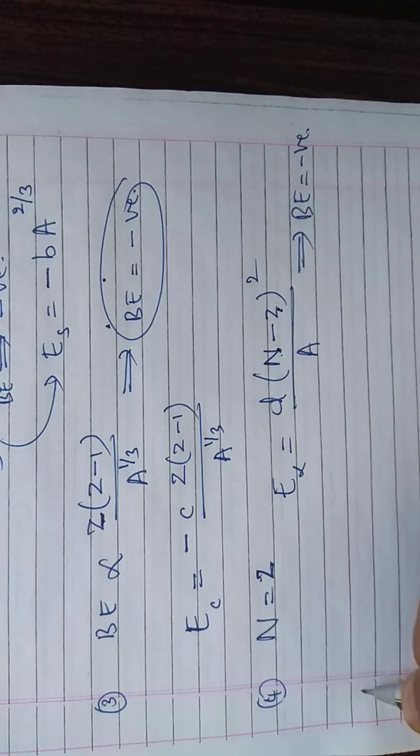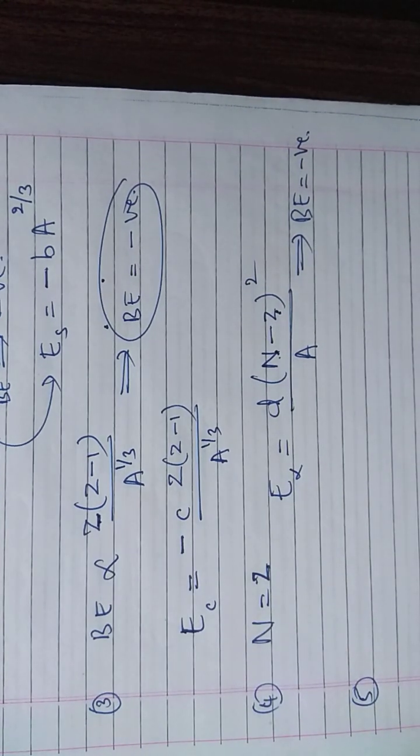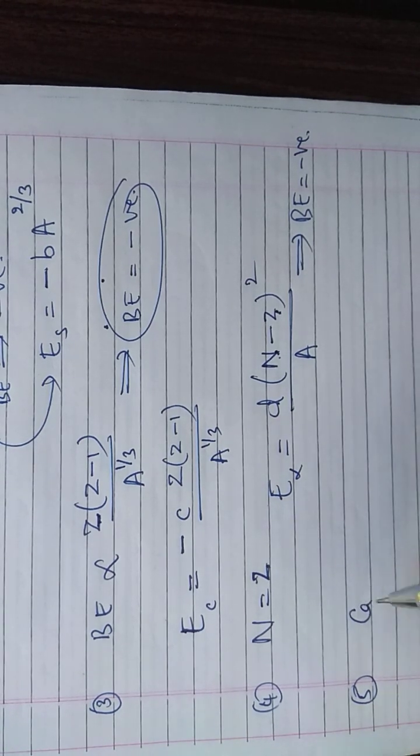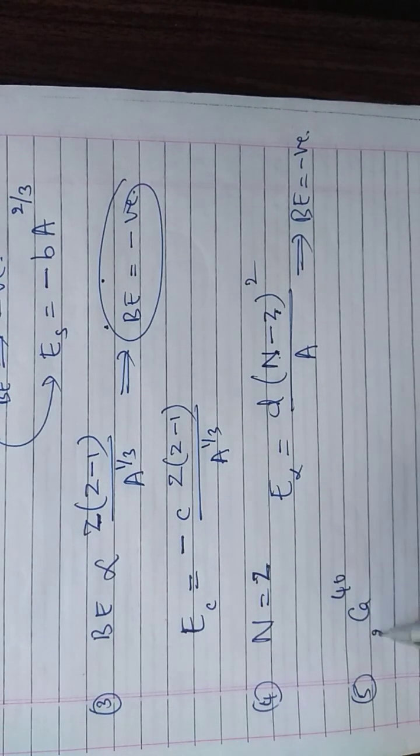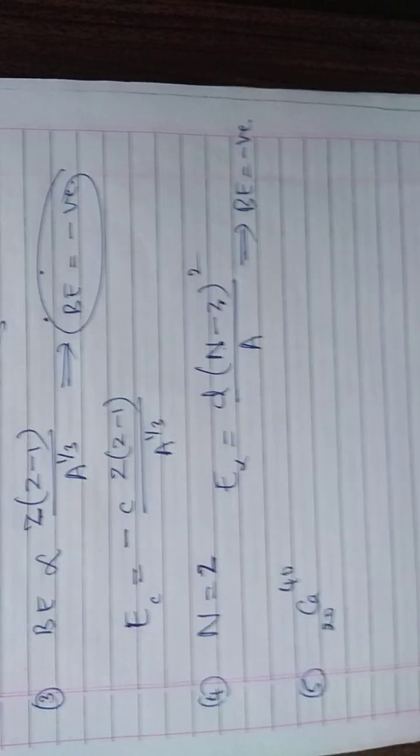The fifth point is regarding the delta here. For example, consider calcium 40, 20 as an example.